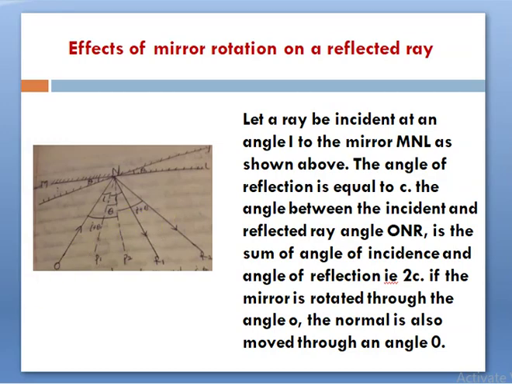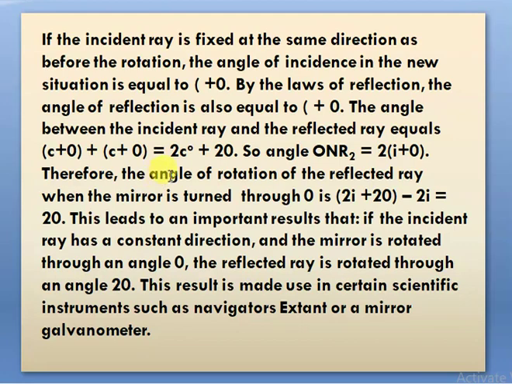Now, therefore, the angle of rotation of the reflected ray when the mirror is turned through theta, this is theta please, is 2I plus 2 theta minus 2I, and that will give you 2 theta.